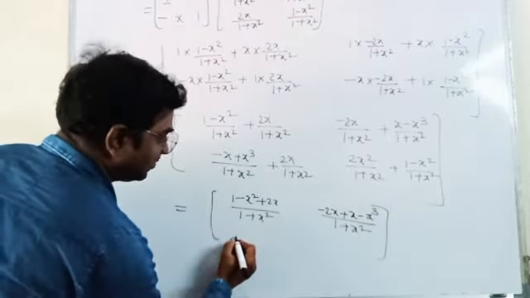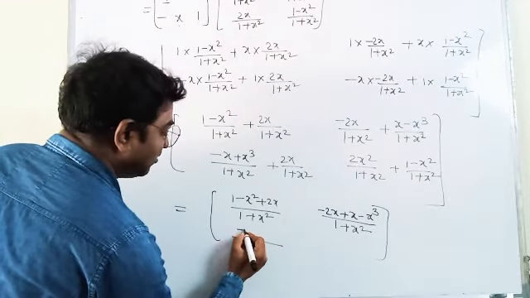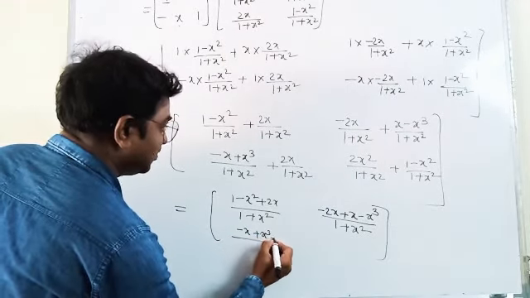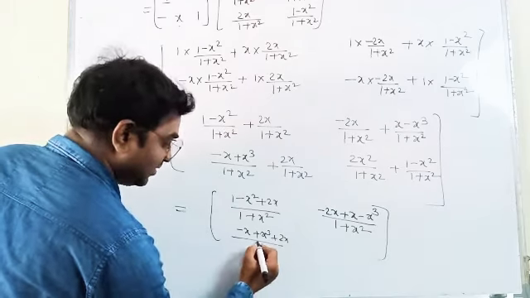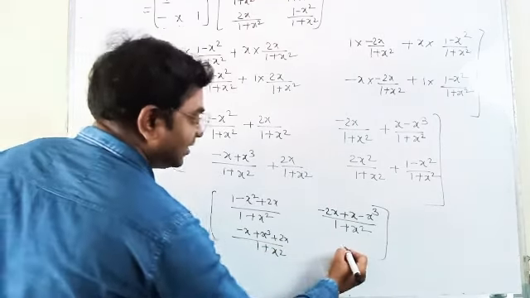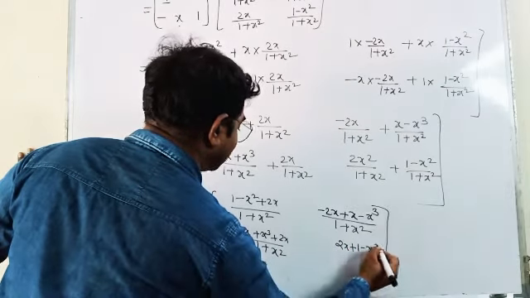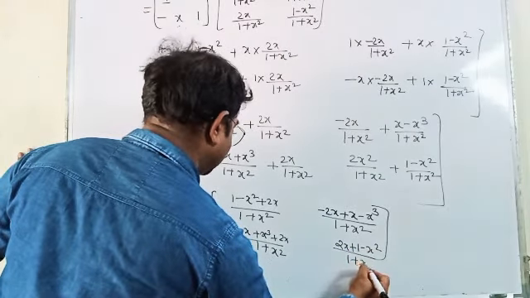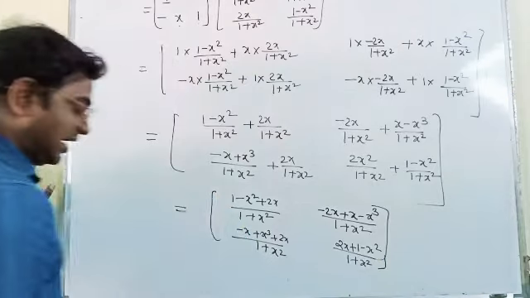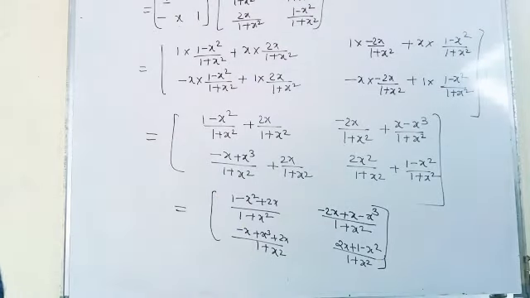Here in the third step, it will become minus x plus x cube plus 2x divided by 1 plus x square, and next one is 2x plus 1 minus x square divided by 1 plus x square. I think you need to be focused. Just have a look at what we have done.